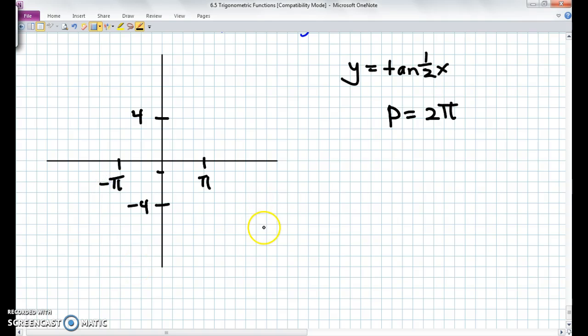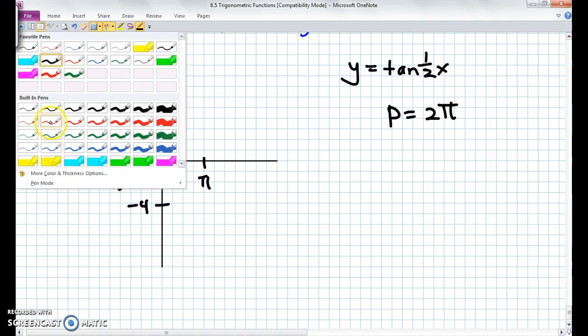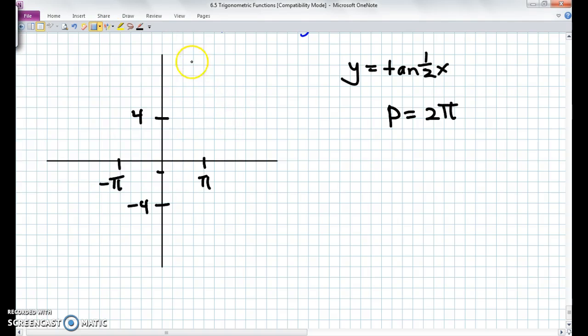So let's think about where the asymptotes normally go for tan. Normally, the very first asymptote is where? Yep. Pi by 2. So we normally have asymptotes at pi by 2 and negative pi by 2. So I'm not going to mark it in, but here and here.